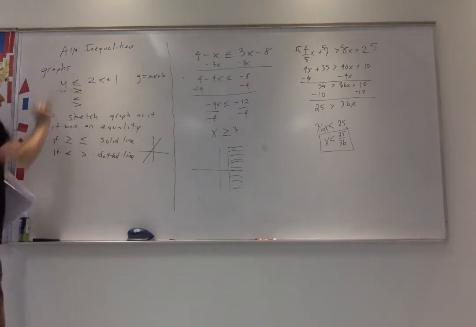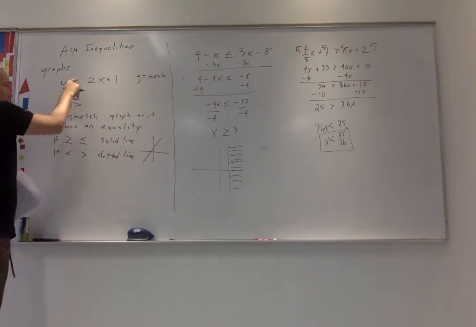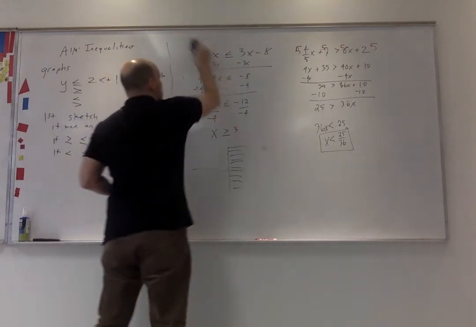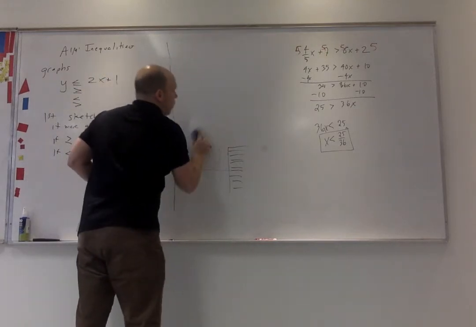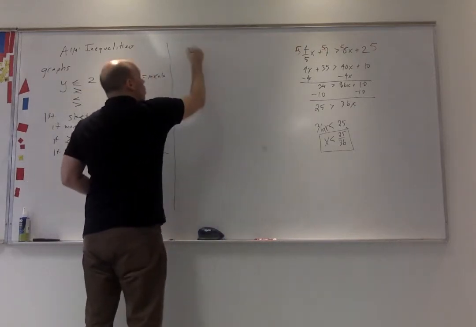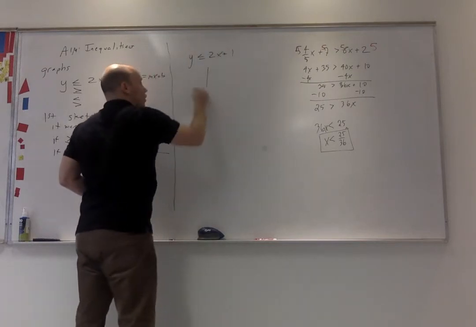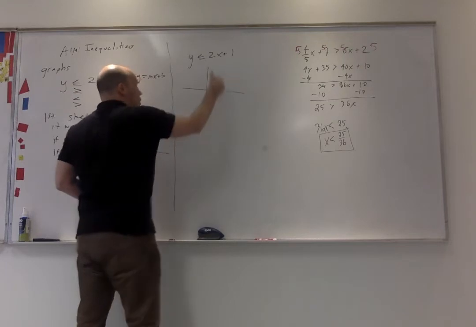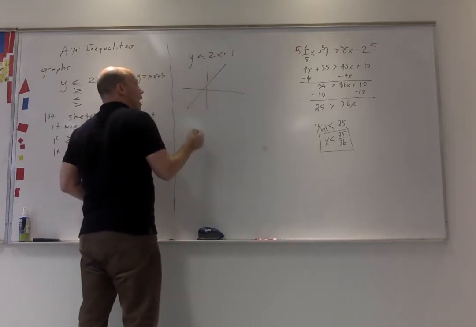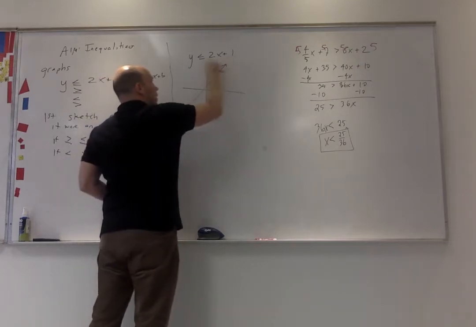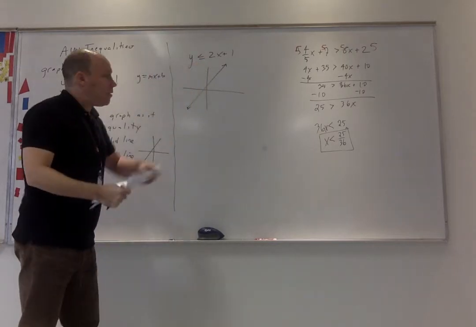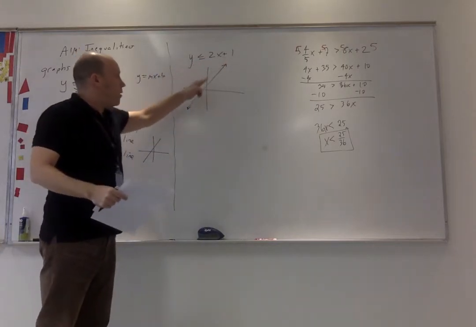So in the first case, the original problem that I wrote, y is less than or equal to 2x plus 1, the first thing you would do is draw a line like that, and because it's equal to, the points are included.